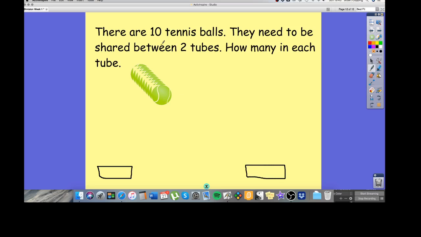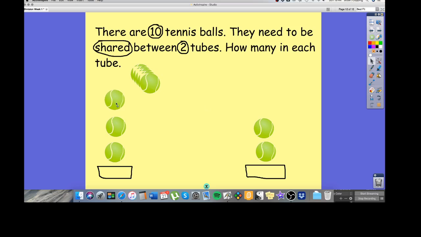What I didn't do was do the Rucksack properly. So we read the question, we underlined the key words. So we've got 10 tennis balls. They need to be shared between 2 tubes. So we're going to do 10 divided by, or shared between 2 groups, which is why I've got my 10 tennis balls and my 2 groups. 1 tennis ball there, 1 tennis ball there, 1 and 1, 1 and 1.